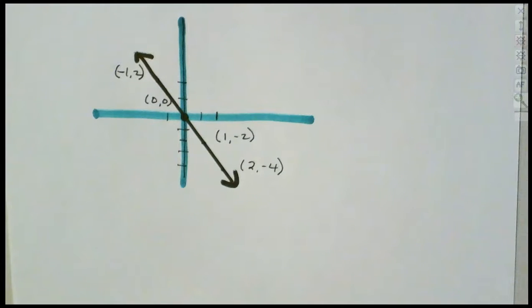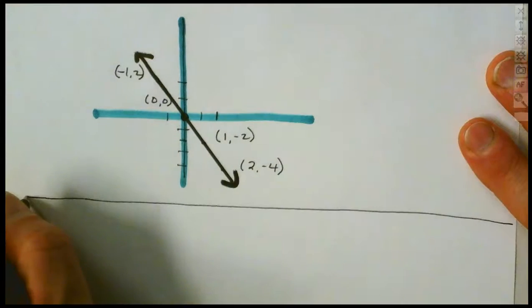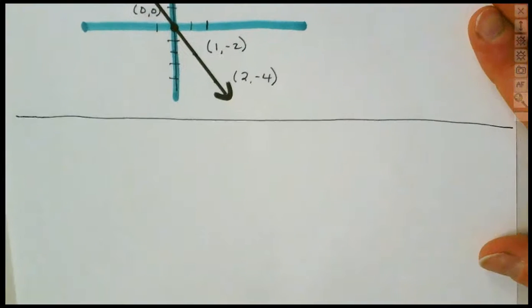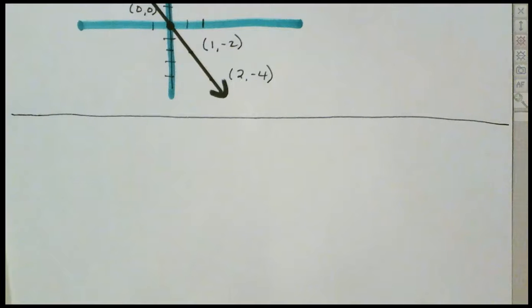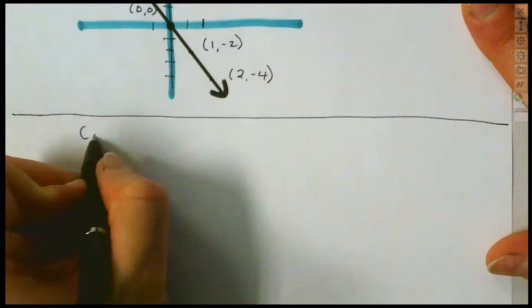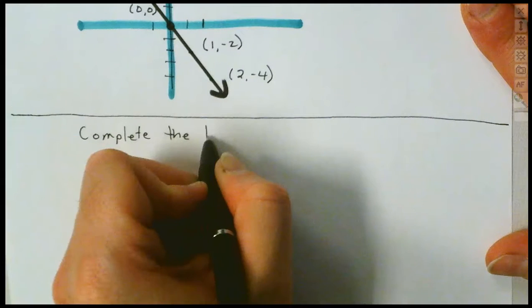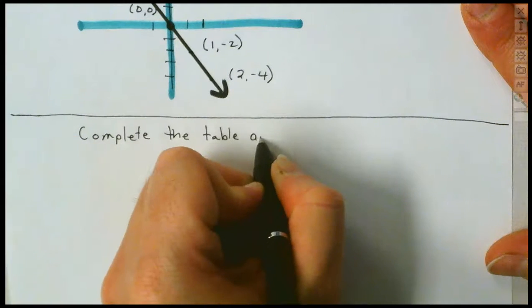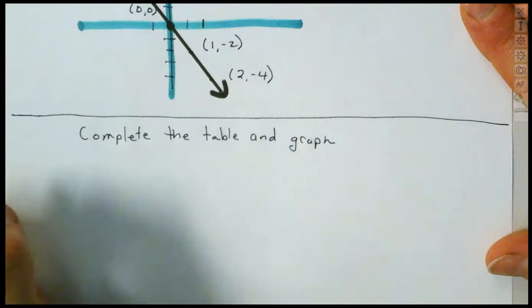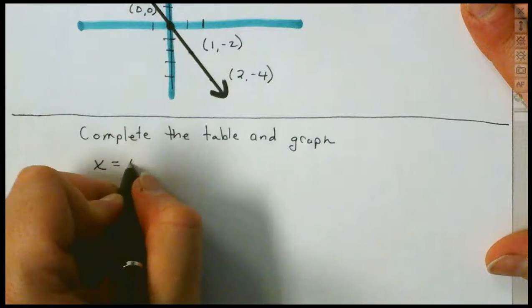Let's look at another one. Let's look at something where all we have is one of the values. So one variable. I'm going to make a table. We're going to have to fill in the table, but you're only going to have one of the values. So we're going to, again, complete the table and graph. And let's use, how about x equals 4?